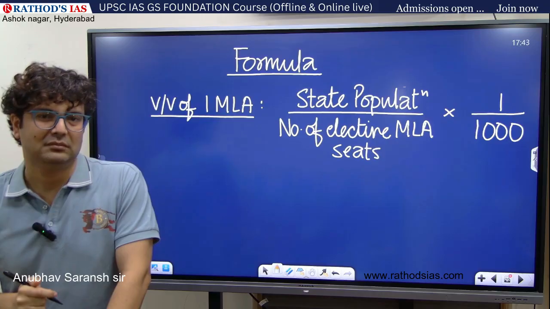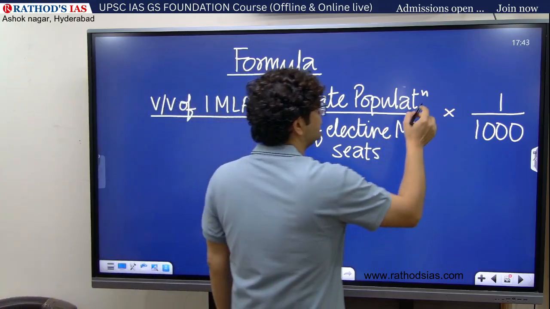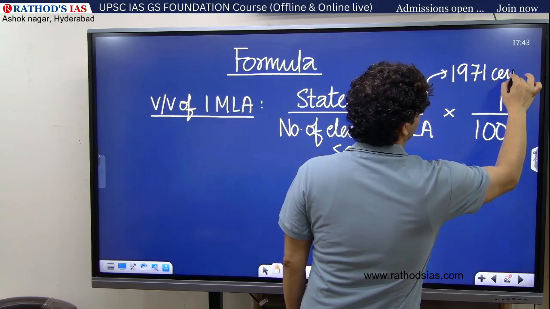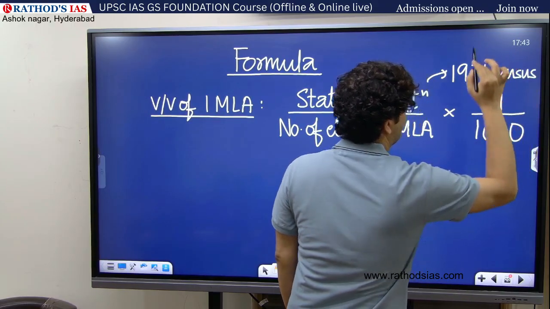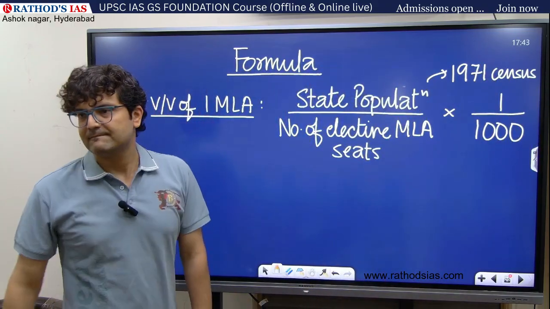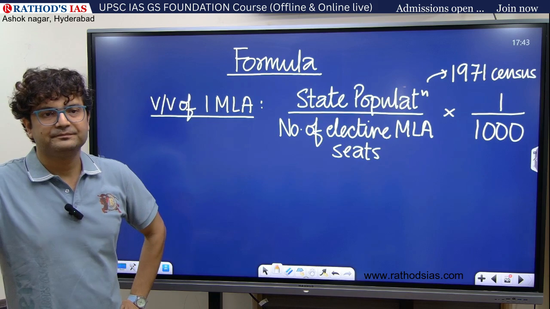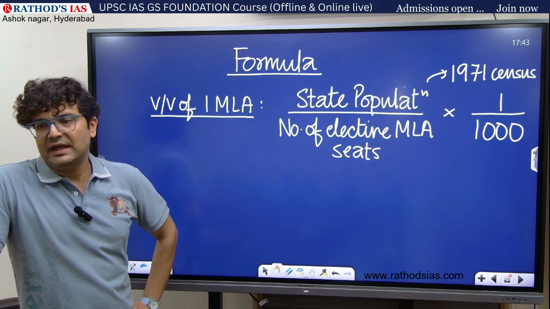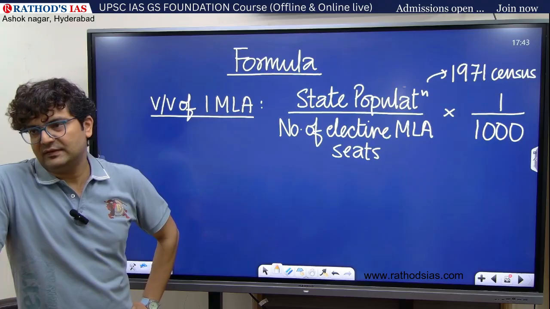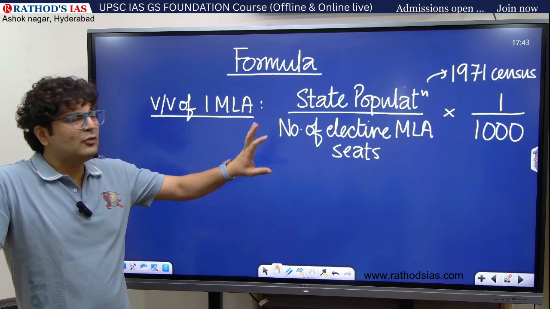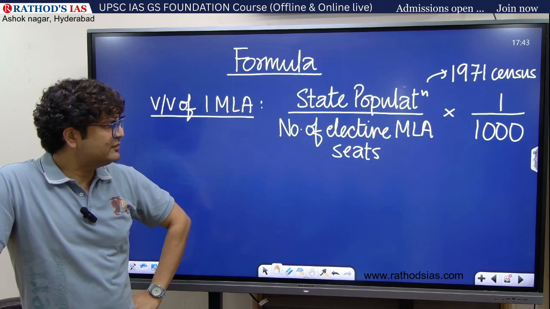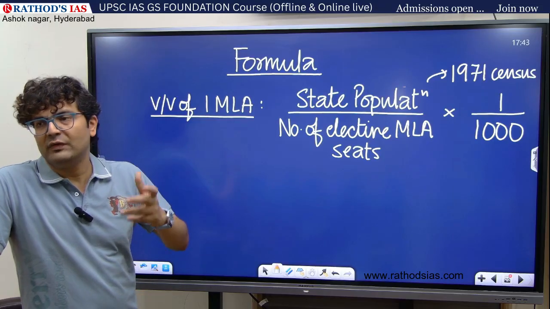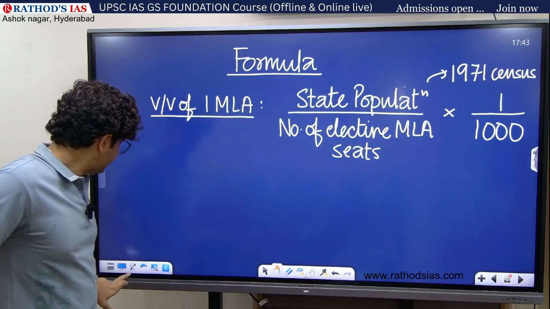But no. We take 1971 census. Are you clear? Just mention that. 1971 census. Now I'll come to that, why 1971 census, but let us firstly try to find what can be the vote value of an MLA of a state.